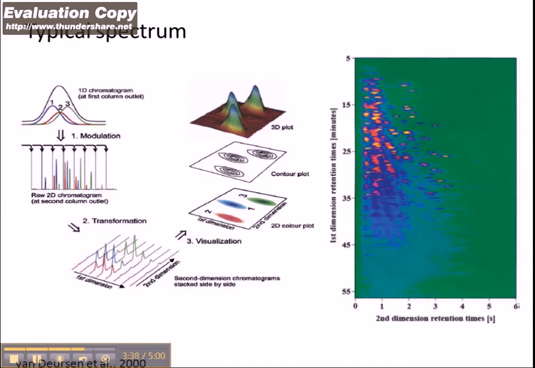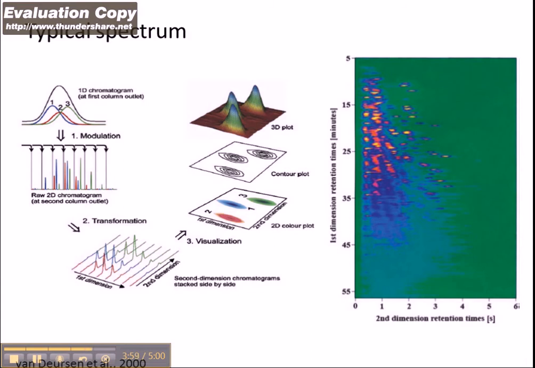Here is the typical spectrum. In a typical one-dimensional gas chromatography, if we see one peak, this one peak may represent three different peaks. That means this one peak is the convolution of three different peaks of three different compounds.